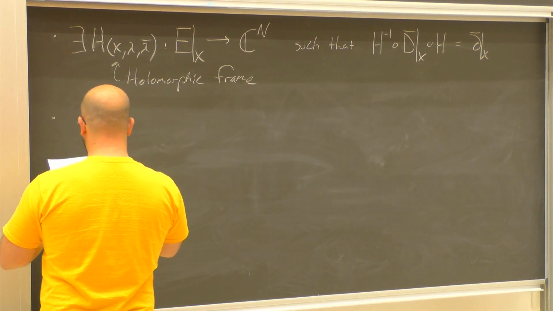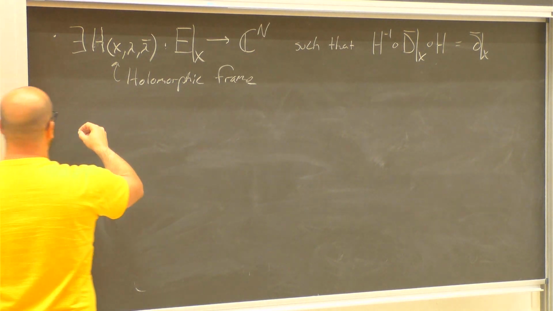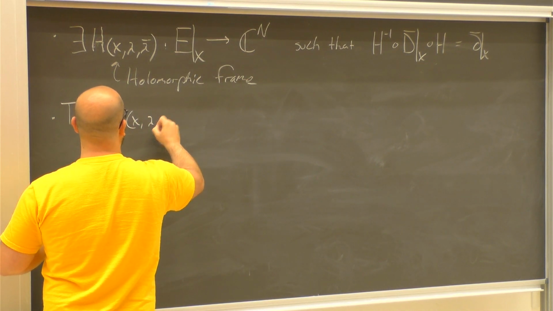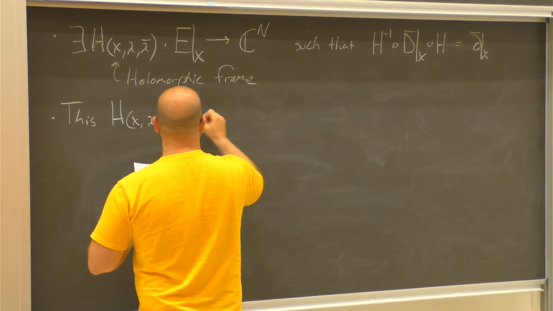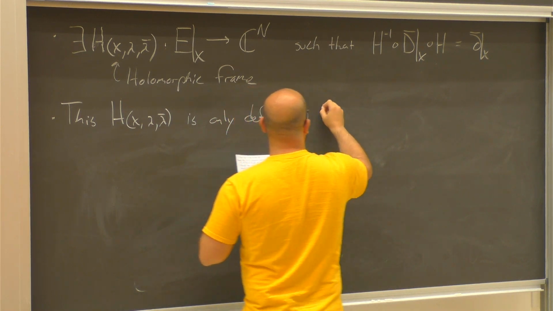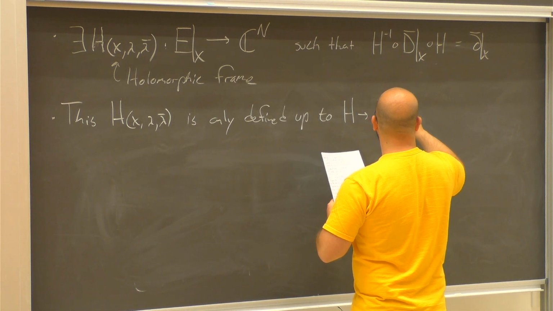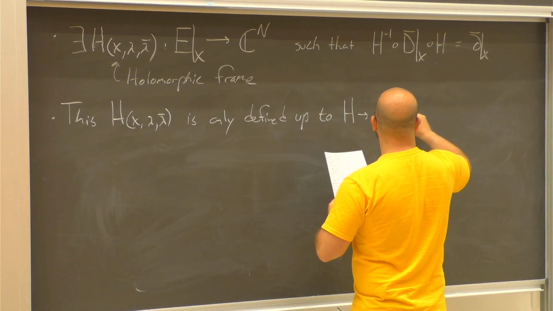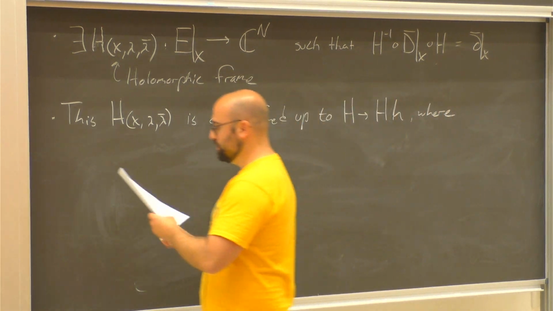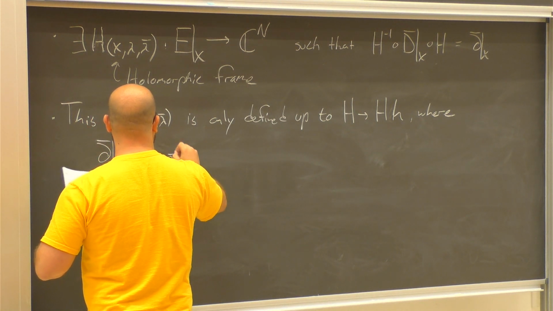Now, you can show that this is not unique, of course. This H of x, lambda, and lambda bar is only defined up to H going to H multiplied by some little h, where d bar restricted to X of little h of x, lambda bar is 0.